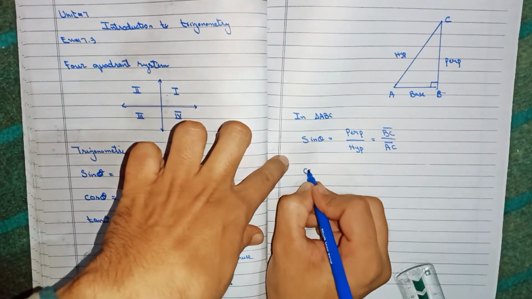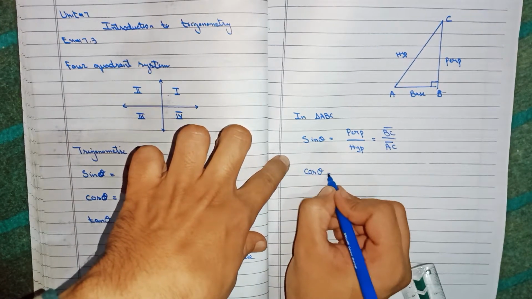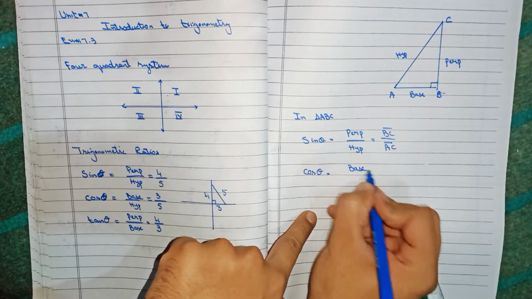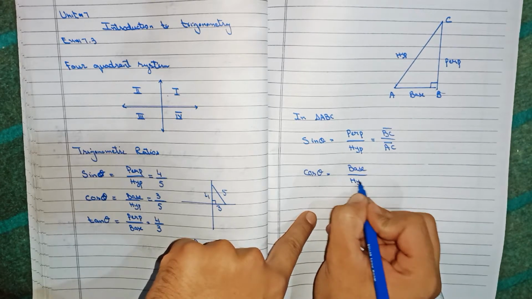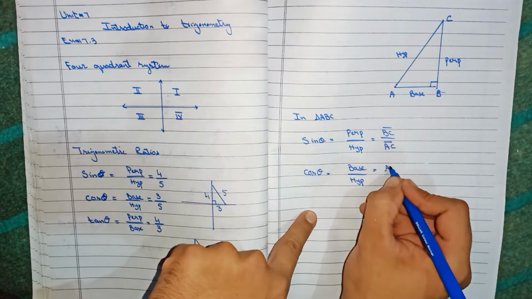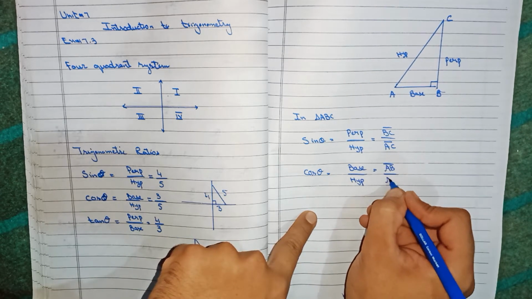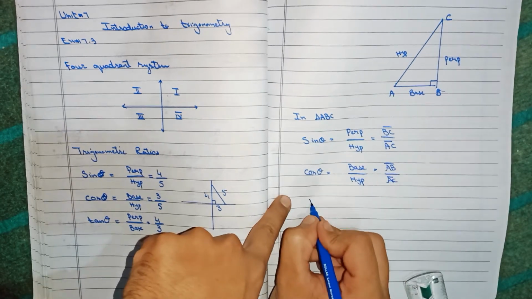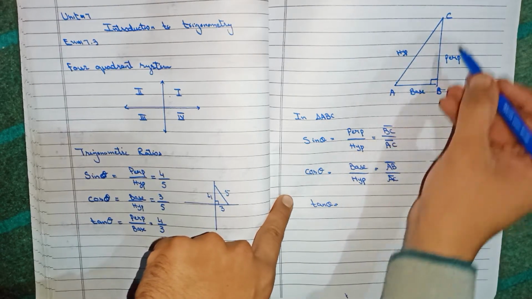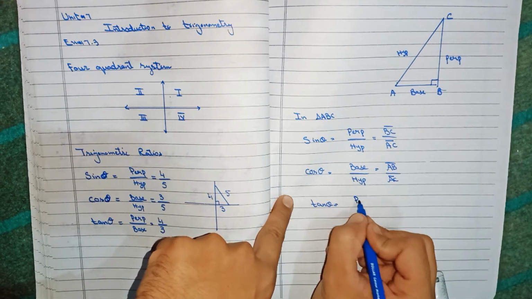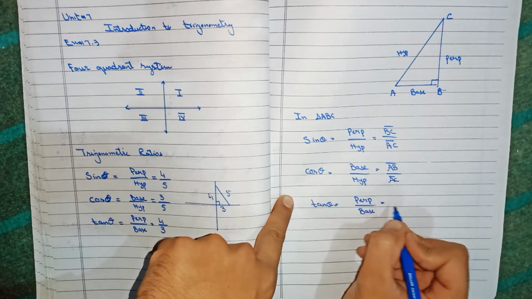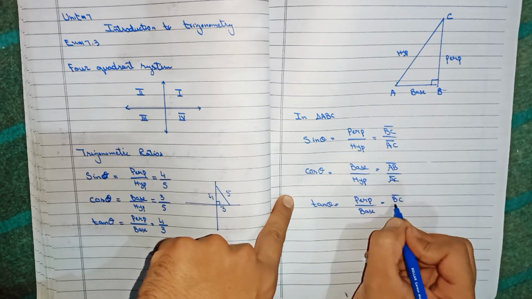Cos of theta is equal to base over hypotenuse, it is AB over AC. And tangent theta is equal to perpendicular over base, it will be BC over AB.